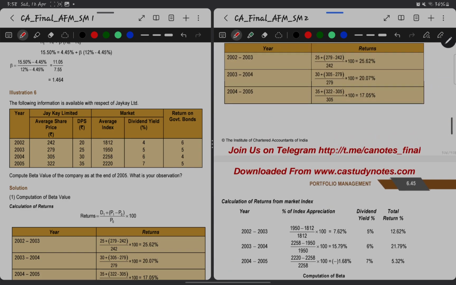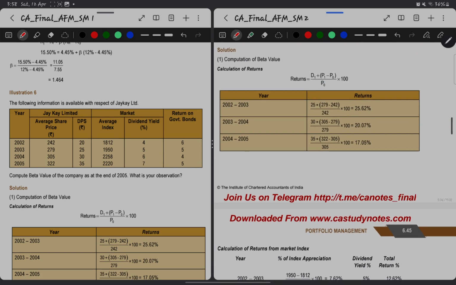In the case of JK Limited, the dividend per share is given, and there is a capital appreciation in every year. Since the data starts from 2002, we'll take 3 years from 2003 to 2005.